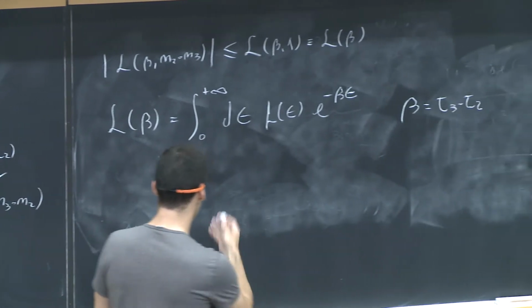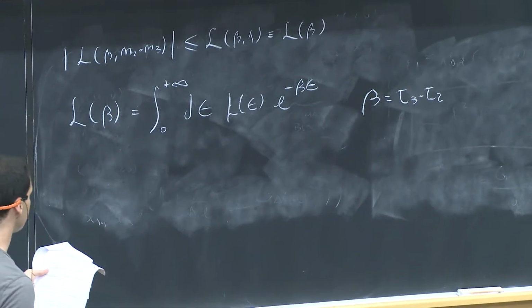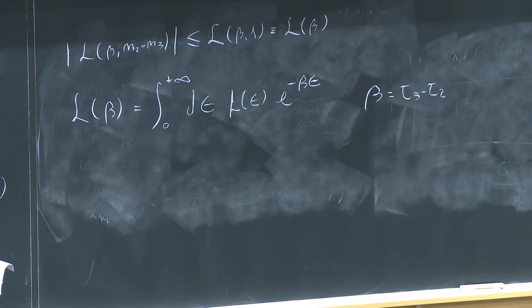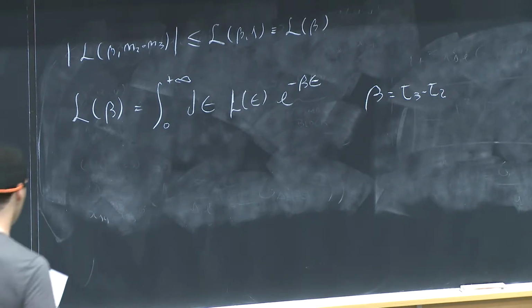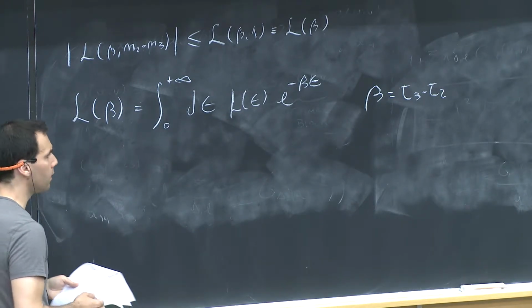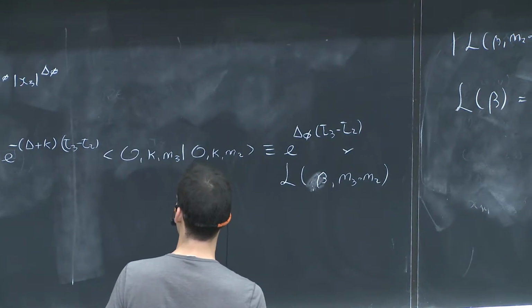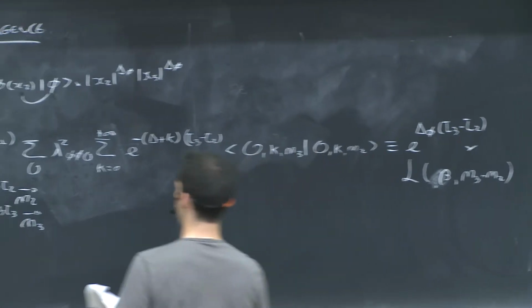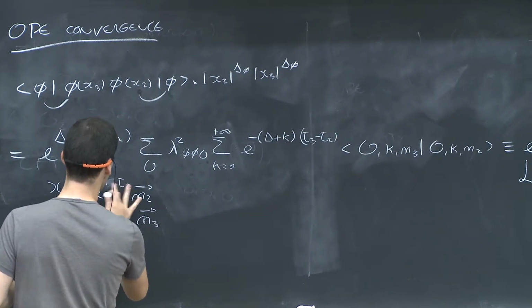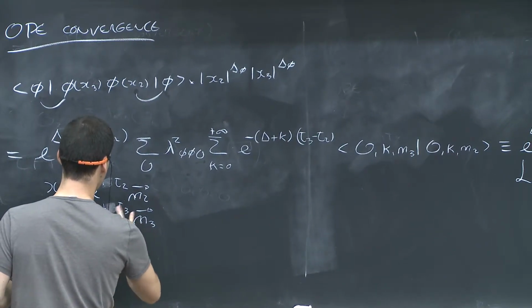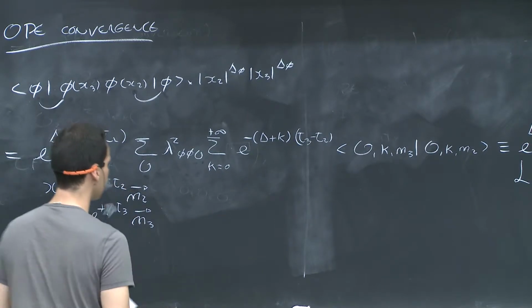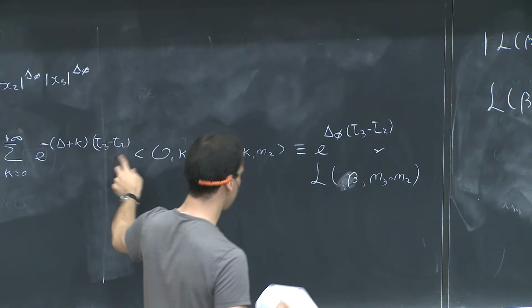Okay, so it's just some density which has some positivity properties. This beta is different from the beta x. Yes, sorry, this is wrong. There's no beta here. So this is beta.